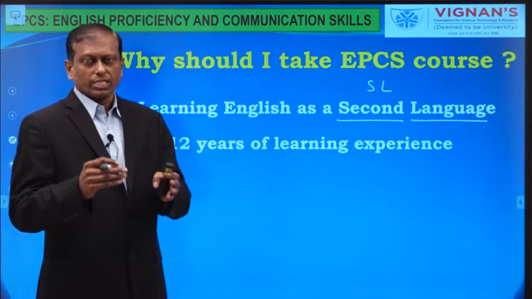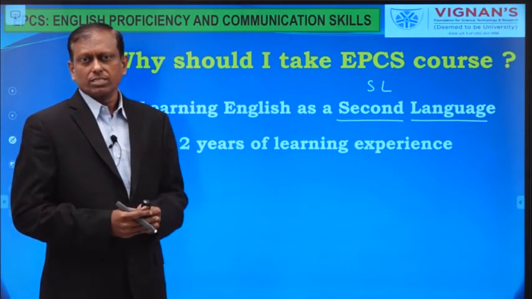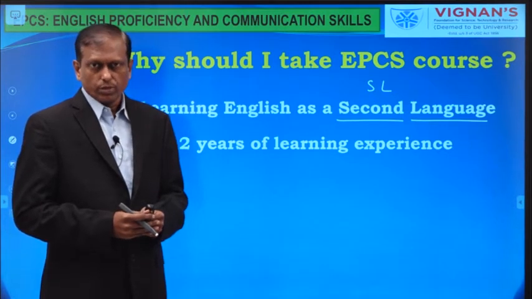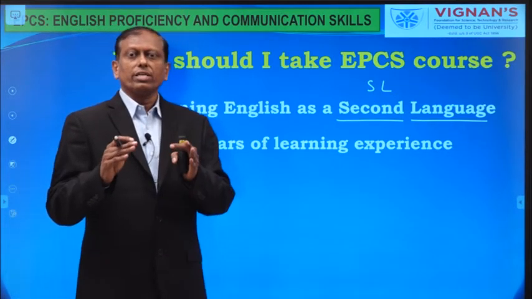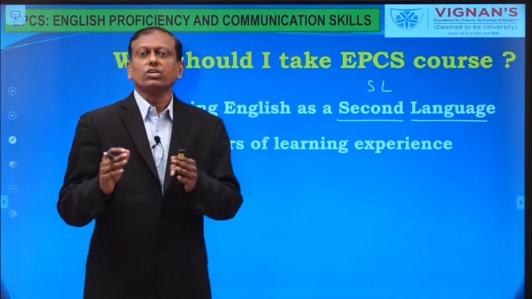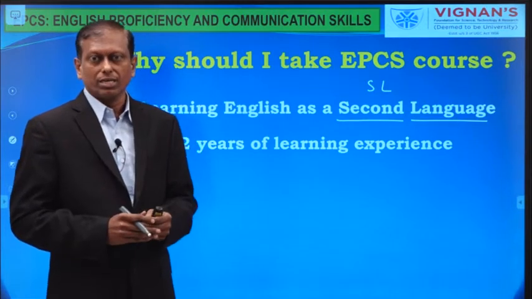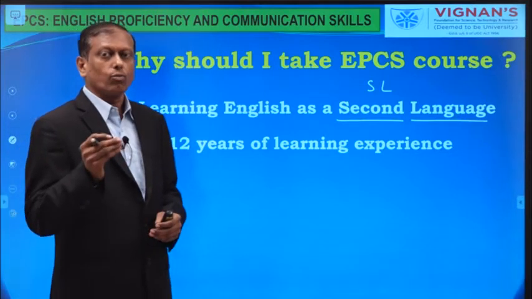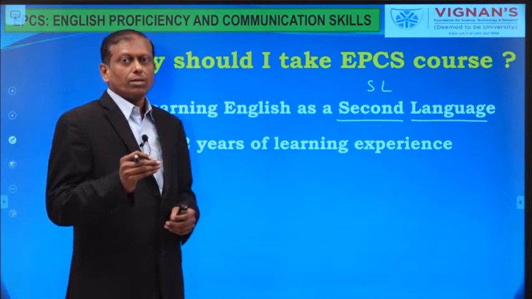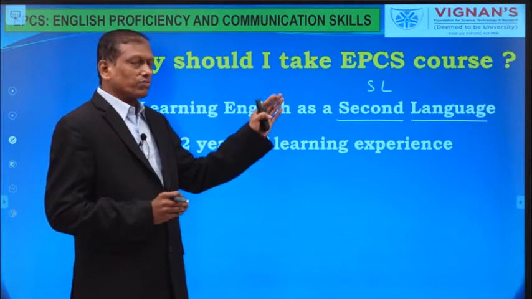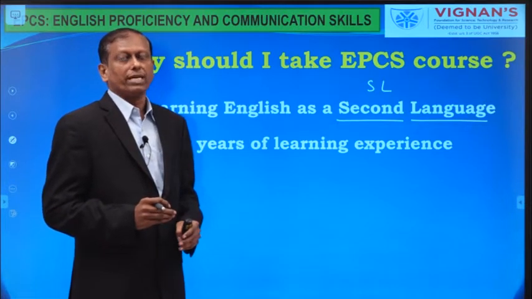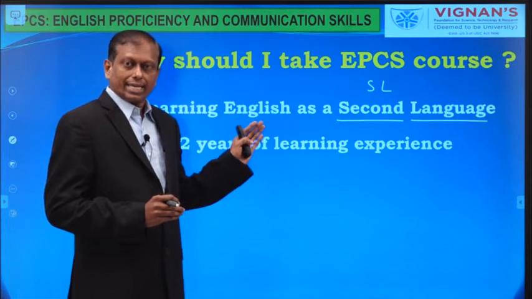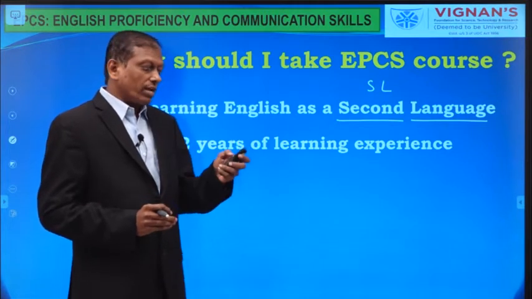The children were sent to nurseries at the age of 3 and 4, by which time parents had the assurance that the child can express in the mother tongue. Within 3 or 4 years you were able to acquire your mother tongue, but in the case of a second language, we have been spending more than a decade, but still, where are we?